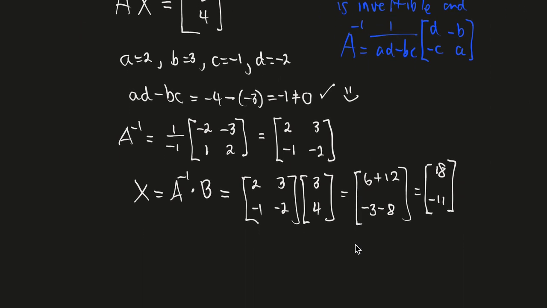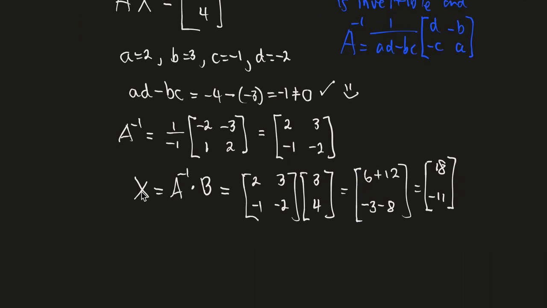Now, what does this really mean? Well, going back to that original form, with just two columns, we would assume that we have two variables, x1 and x2. So you could say that our x represents our variables x1 and x2, but we found that x is equal to 18, negative 11.